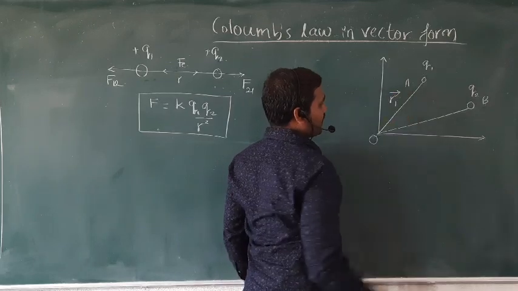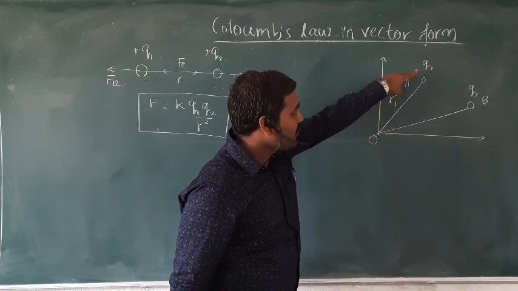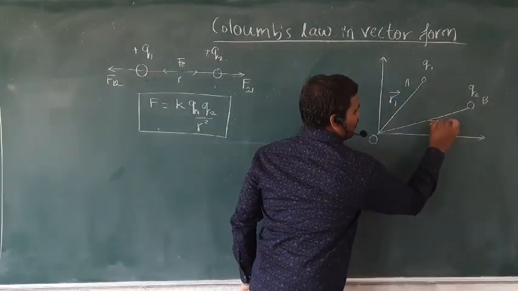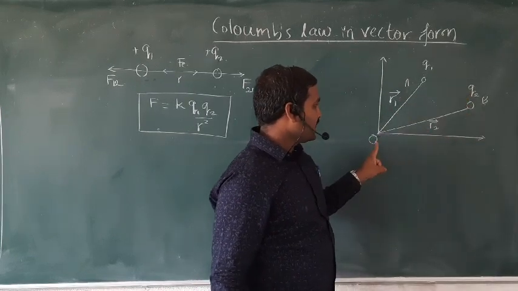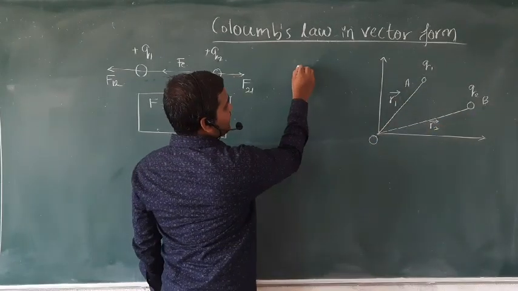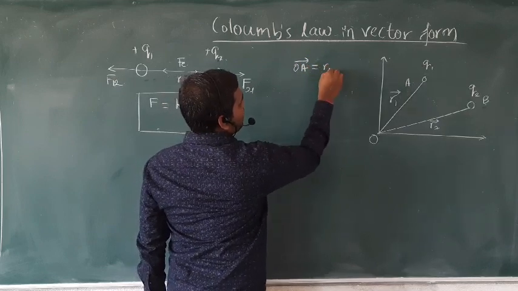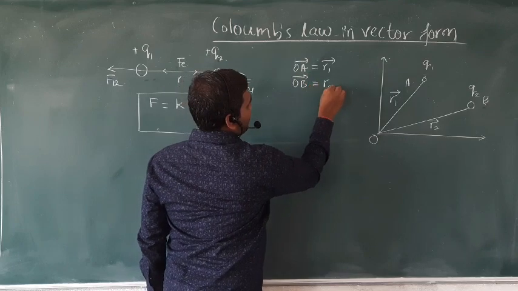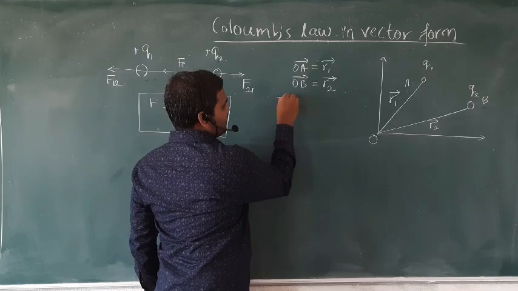Let it be R1. So vector R1 is the position vector of charge Q1, and vector R2 is the position vector of charge Q2, that is vector OB. I simply write vector OA represents position vector R1, and vector OB represents position vector R2.